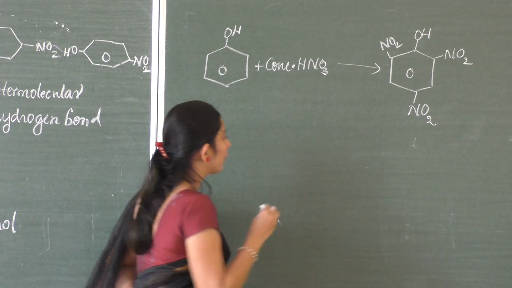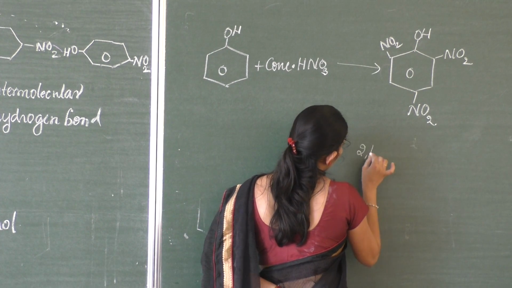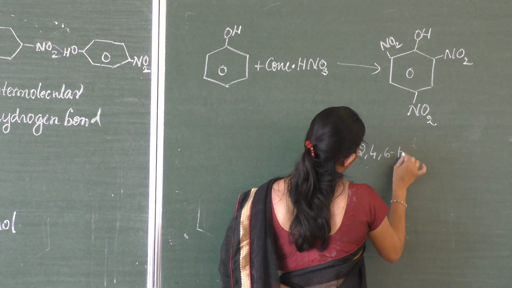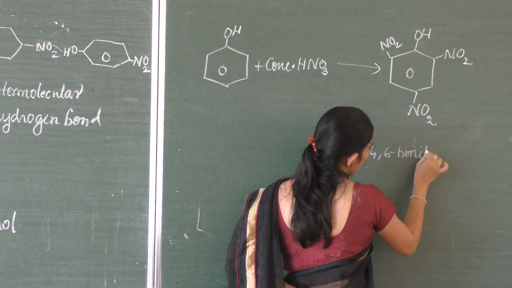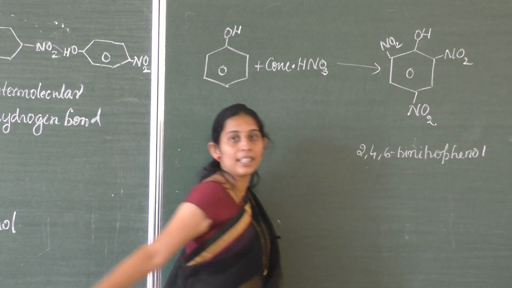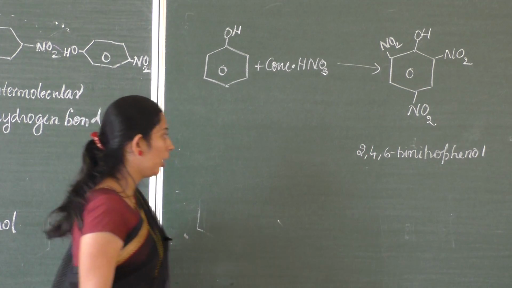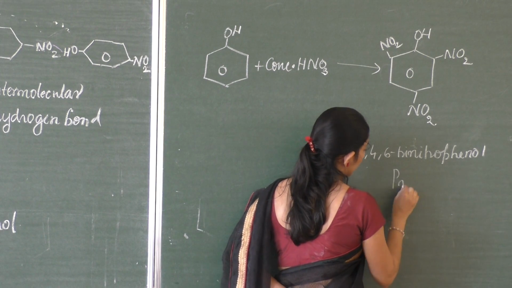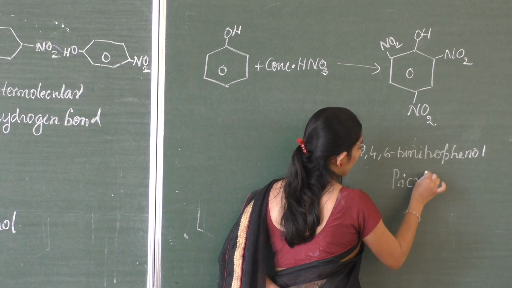So that is what we call 2,4,6-trinitrophenol, or it is also known as picric acid.